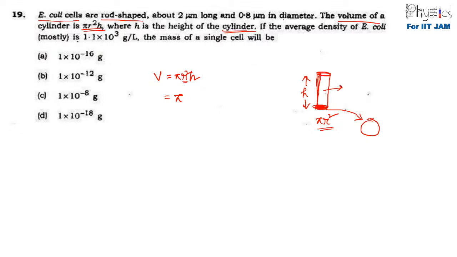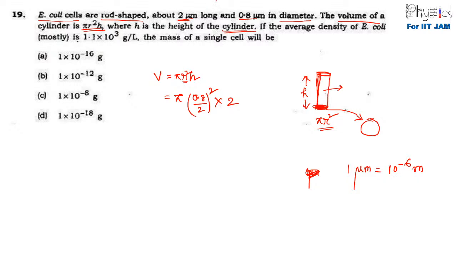R is diameter by 2, that is 0.8 by 2 square times h. What is h? 2 micrometer, right? Now since they are in micrometer, that means what is 1 micrometer? 1 micrometer is equal to 10 to the power minus 6 meter, right?